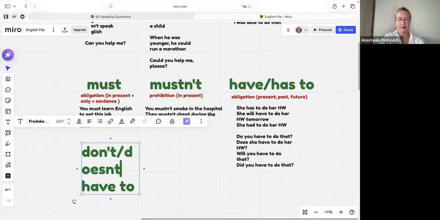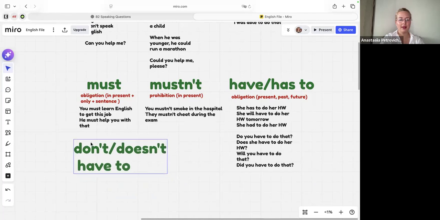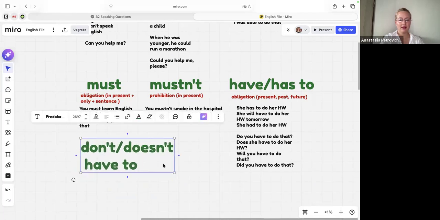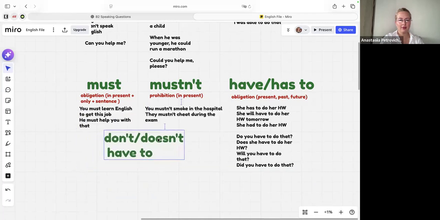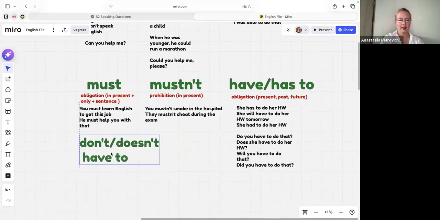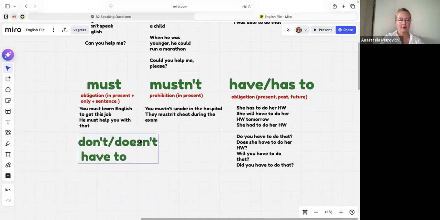Doesn't have to, but also you can use other tenses, not necessarily don't or doesn't. Yeah, this is just as an example. Let me write it somewhere here. Okay, let's put it here. It's kind of okay. We will figure out how it looks good or not a bit later.